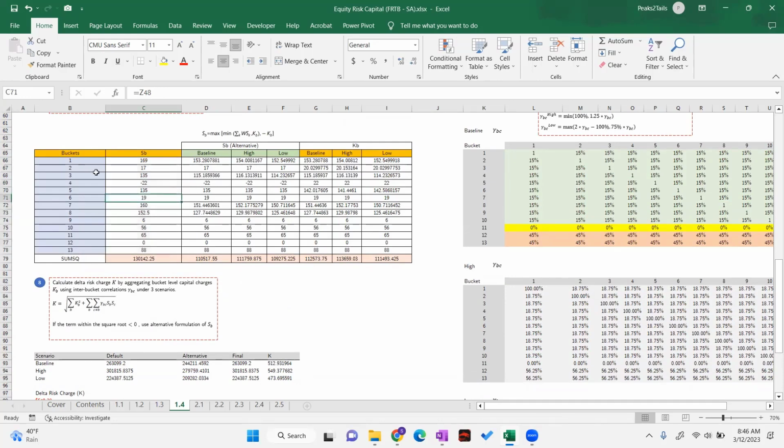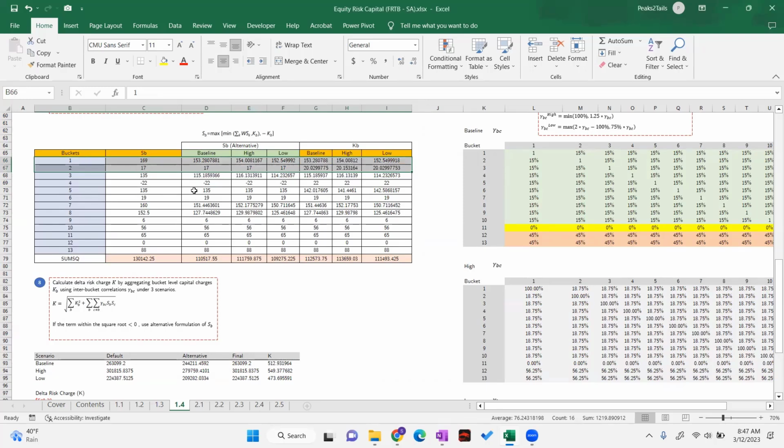All right, so I'll just give you a simple example. Let's pretend there are only two buckets. How will we do it? 153 square plus 20 square plus 2 times baseline gamma BC, whatever it is between 1 and 2, that is 15%. So 2 times 15% times SB SC, 169 times 70.